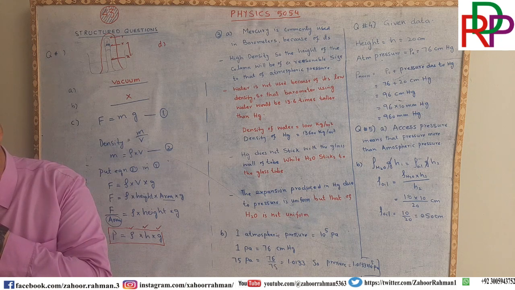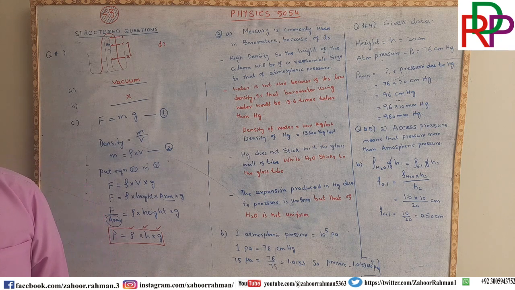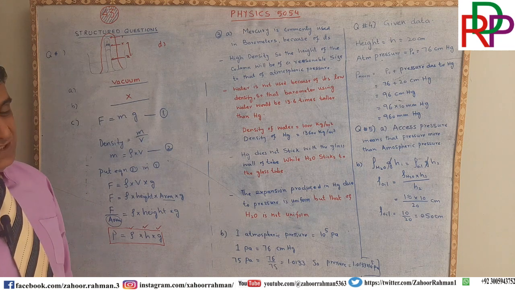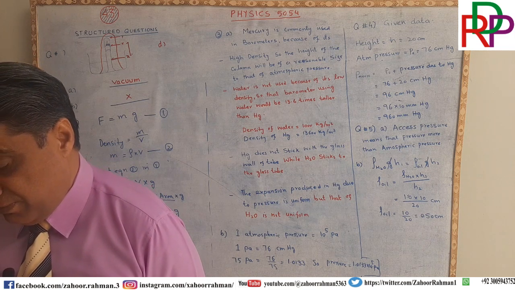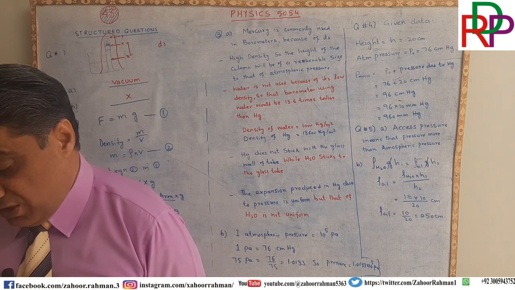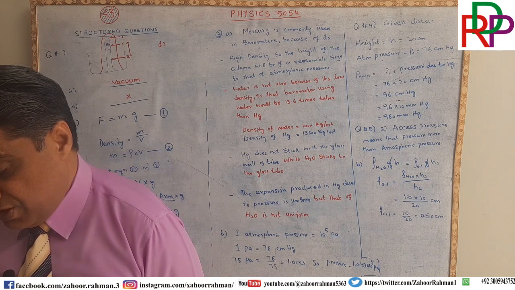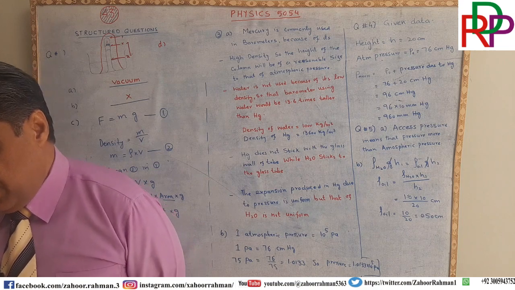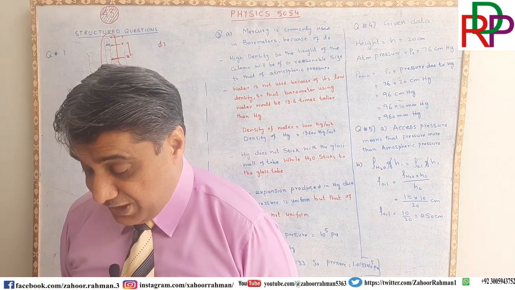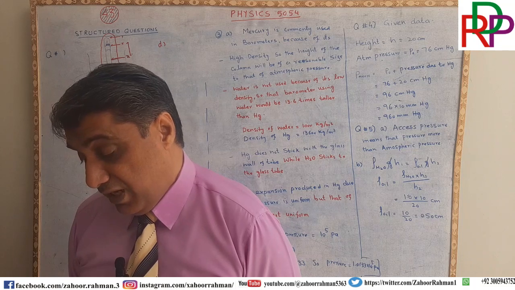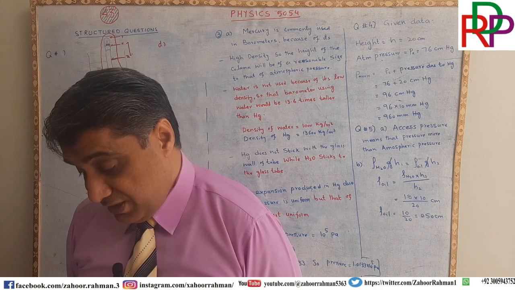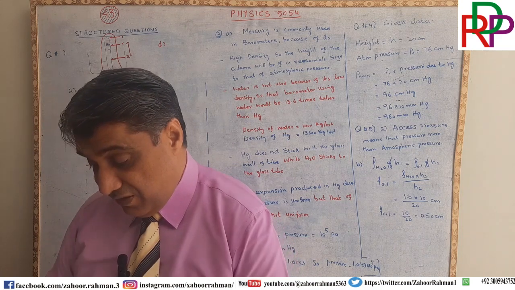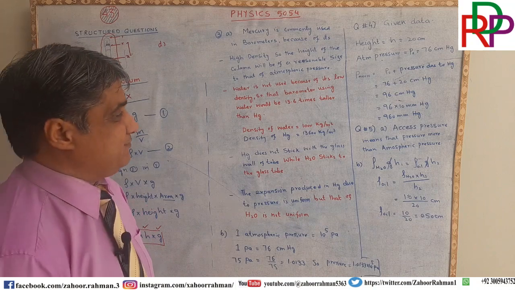Okay, ladies and gentlemen, now we are turning our focus to question number 4. The diagram below shows a mercury manometer connected to a large vessel containing some neon gas. Given that the atmospheric pressure is 760 millimeter of Hg, calculate the pressure of the neon gas.